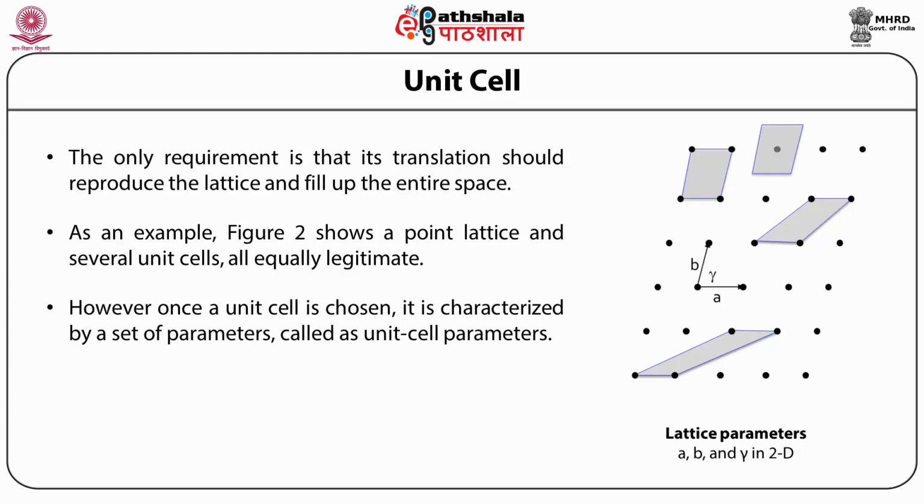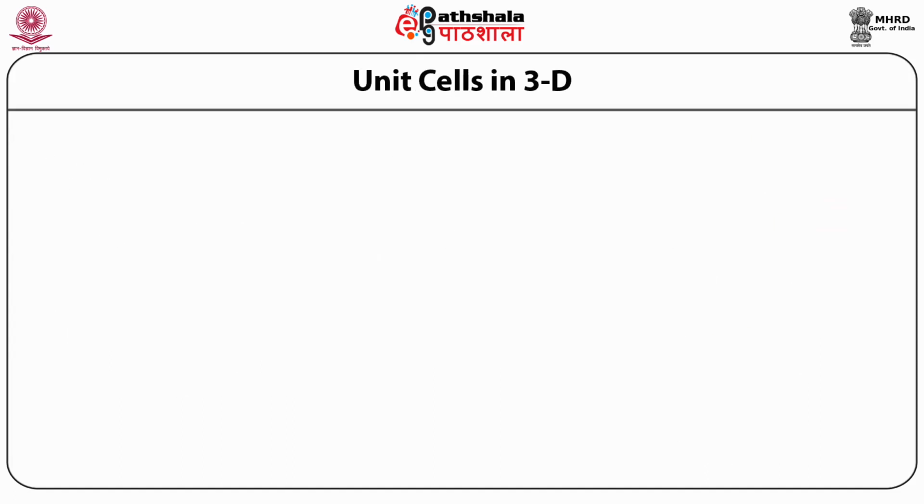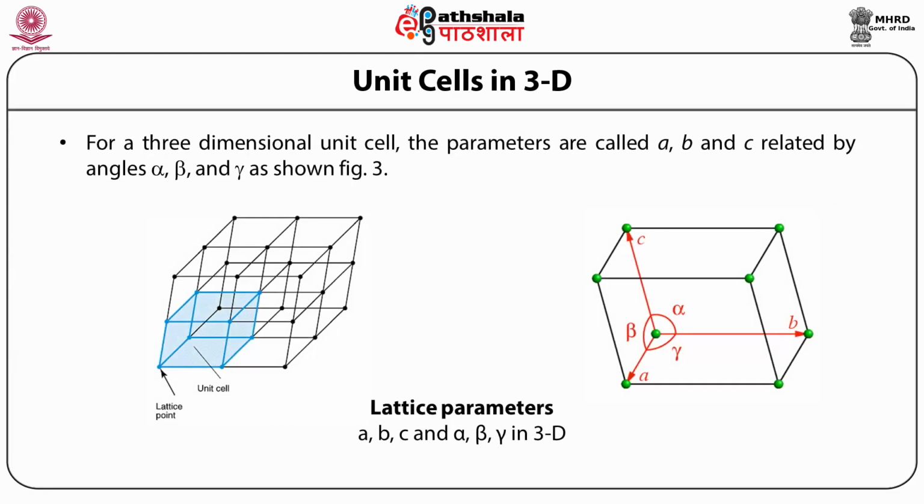So, to conclude, a unit cell is the smallest repeatable unit. Unit cells in 3 dimensions. For a 3-dimensional unit cell, the parameters are called A, B and C, which are related by angles alpha, beta and gamma as evident from the figure.